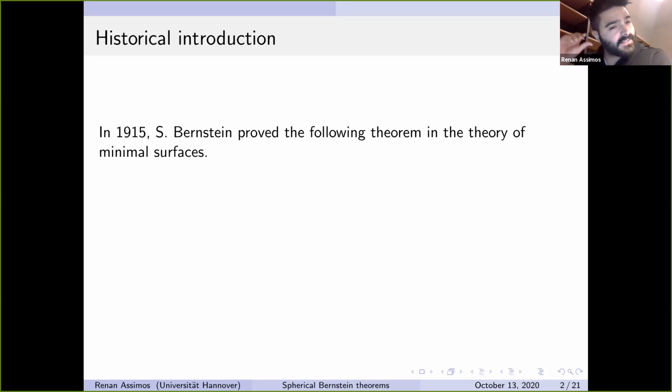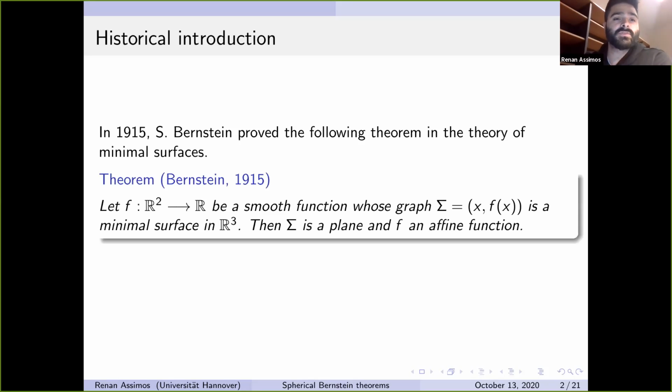Everything started in 1915 when Bernstein proved the following theorem for minimal surfaces. He considers a function f from the entire R2 to R. This function is smooth, and in this talk, every manifold and function is going to be taken smooth.